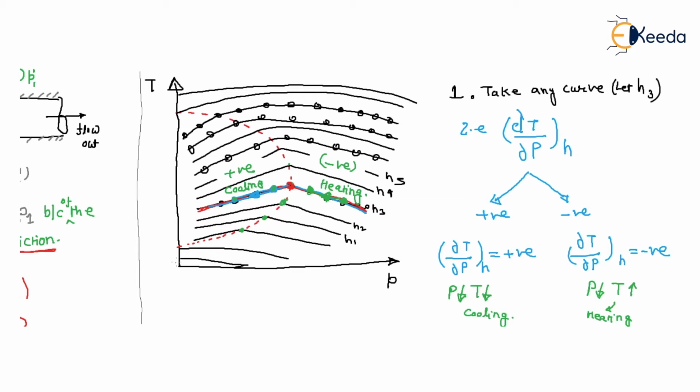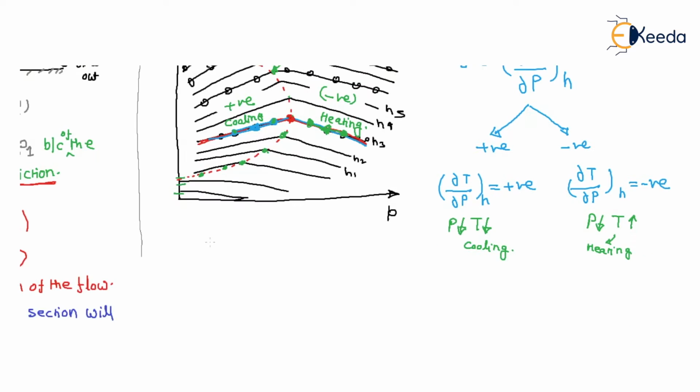This is the maximum point, and mind it, at the maximum point, what is the slope? ∂T/∂P at any enthalpy is 0. The slope is 0.